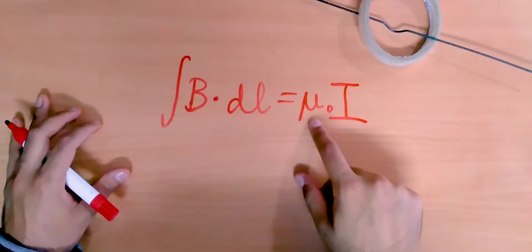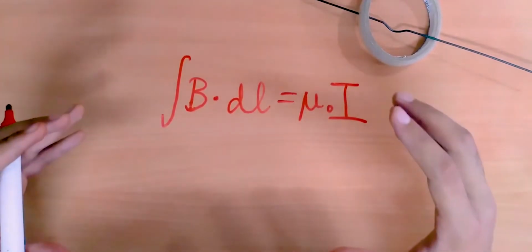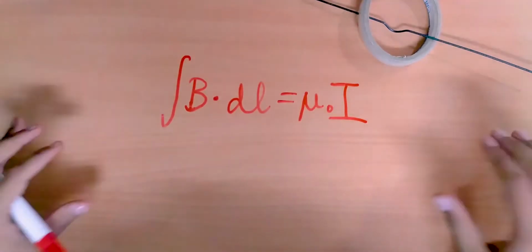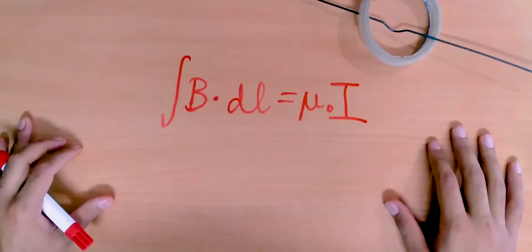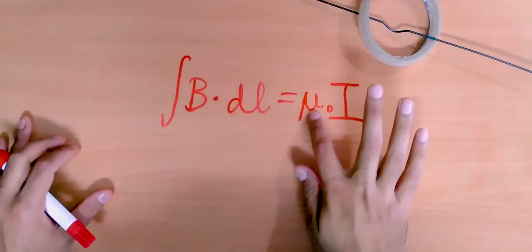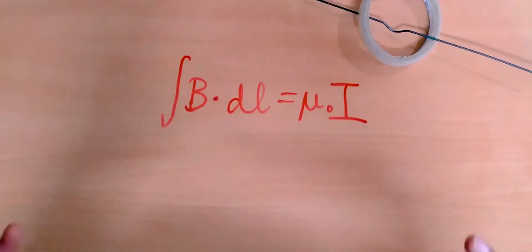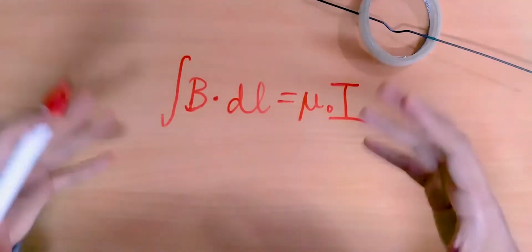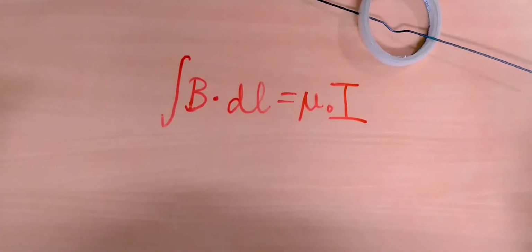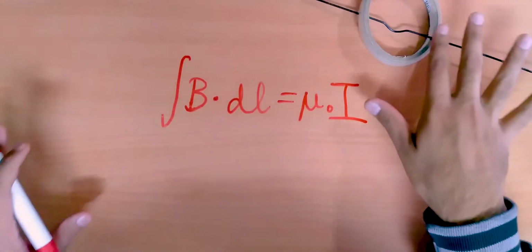Permeability of free space simply tells us how much free space opposes the creation of magnetic field lines. And if I am taking the permeability of any other material, then that value tells us how much that particular material opposes the creation of magnetic field lines in that material. So I hope that makes sense.